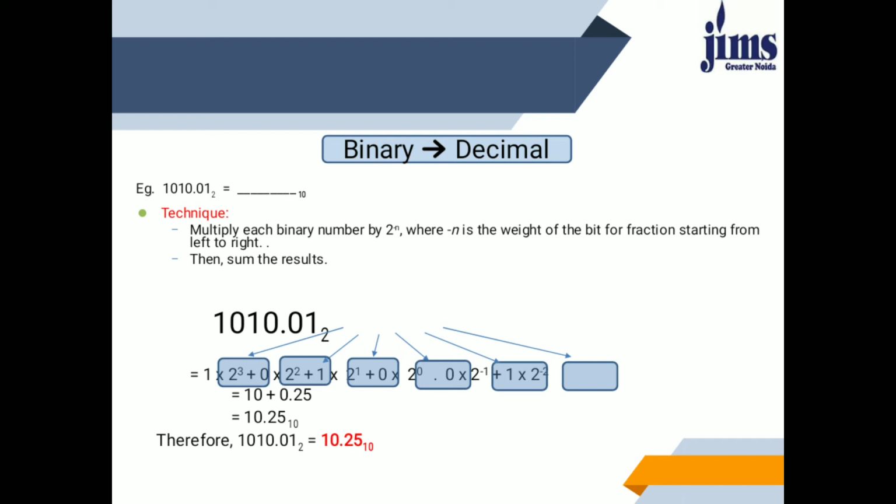So 0 into 2 raised to power -1, 1 into 2 raised to power -2. In a similar way, we add these numbers after multiplying with their weightage. The final answer is the converted floating point number in decimal. This is the way we can convert each floating point binary number into decimal.